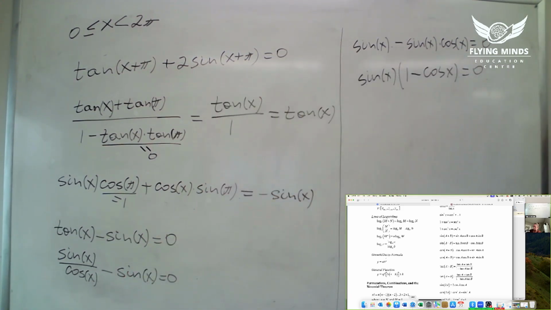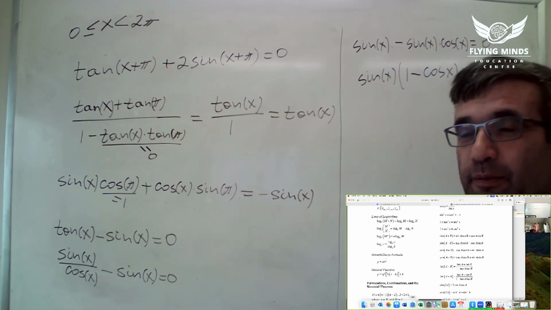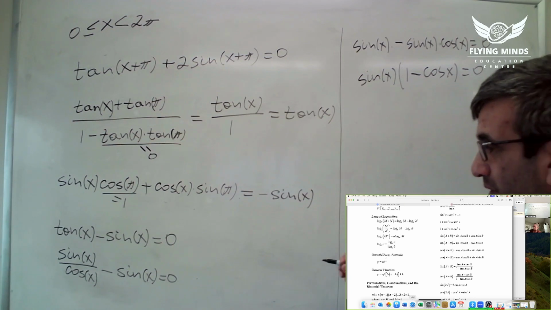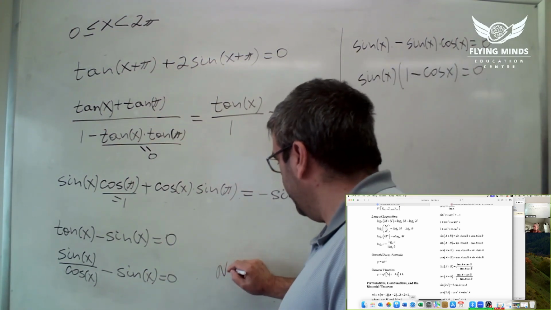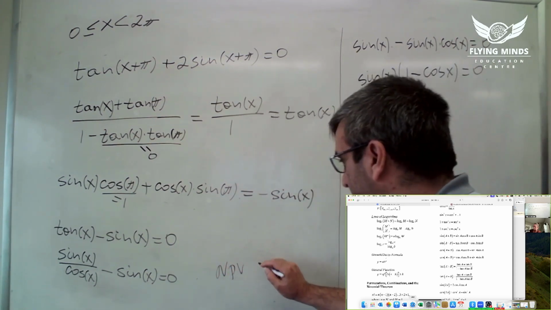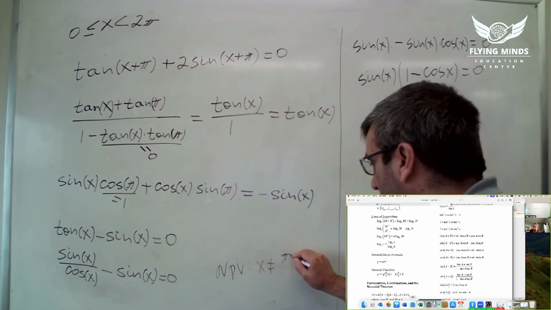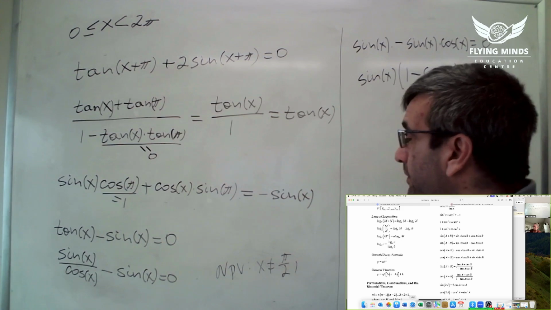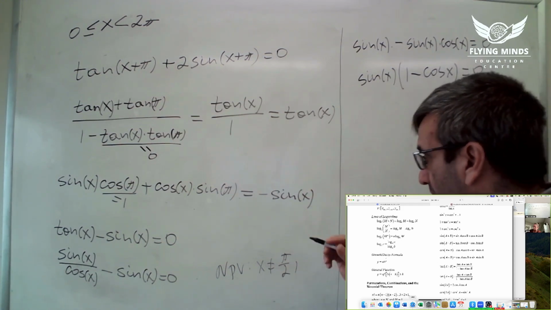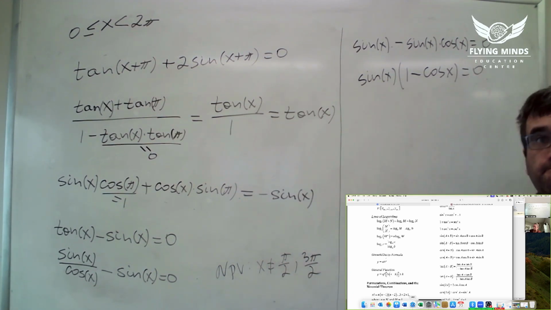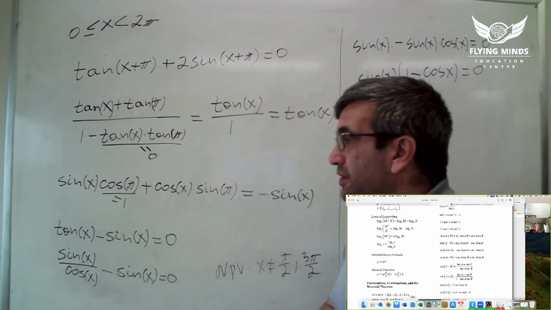So in this case we get pi over 2, so x cannot be equal to pi over 2 or 3 pi over 2, because we have division.